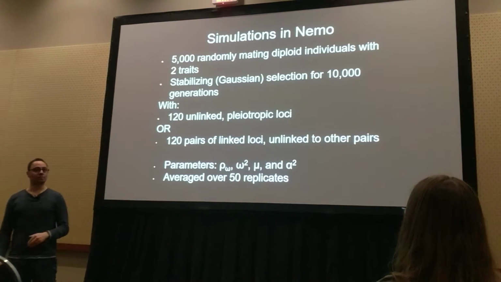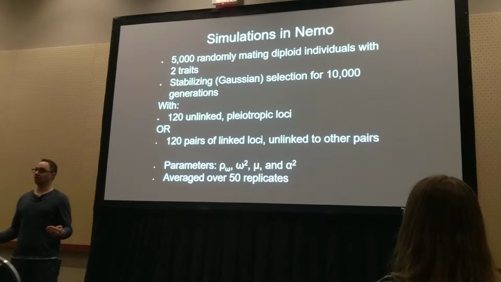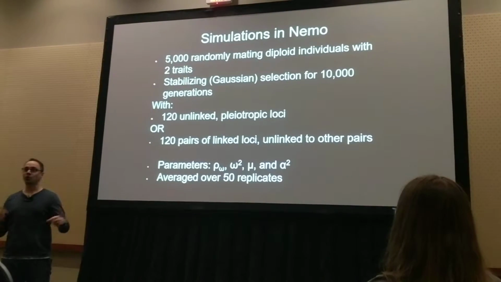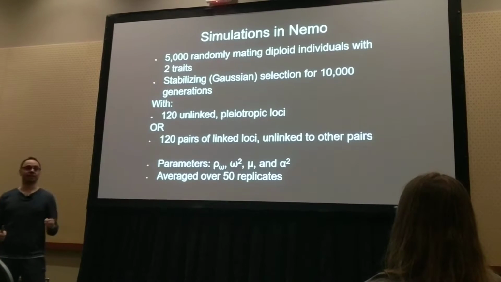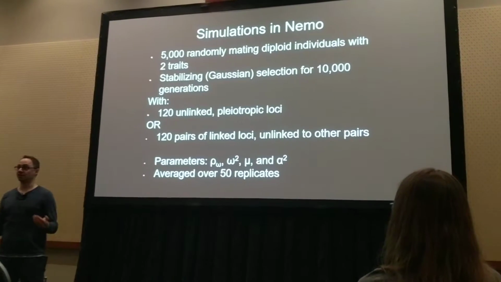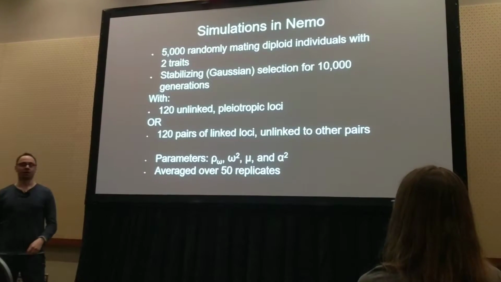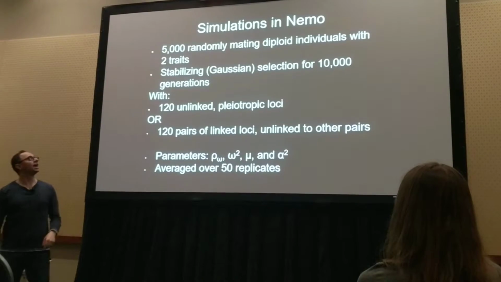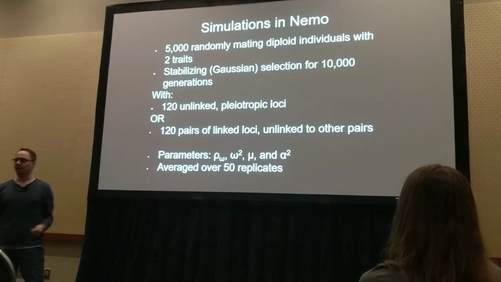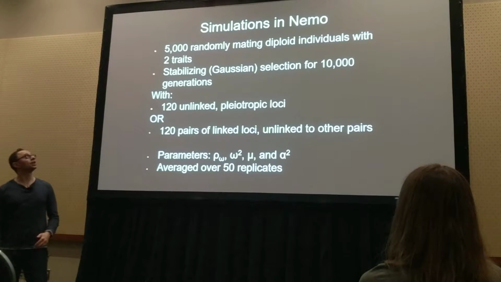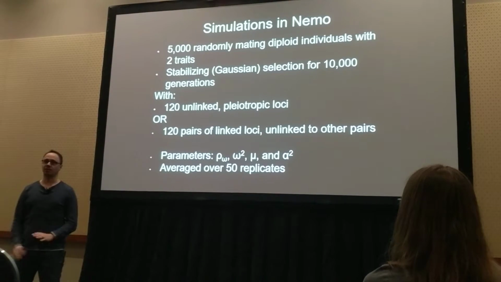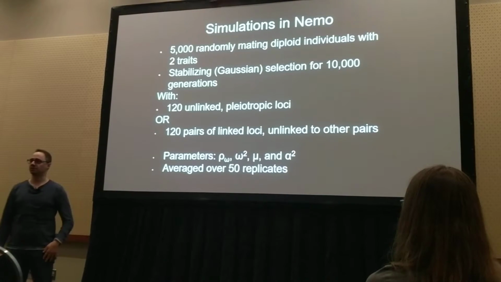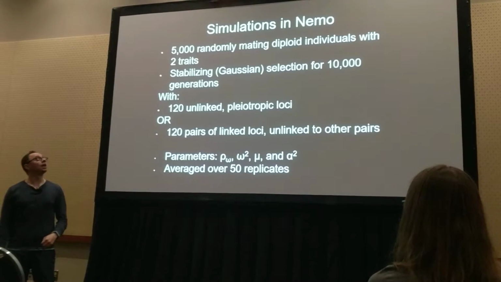I took this model and simulated it in the individual-based, forward-in-time genetic simulation software NEMO, which I modified specifically to allow for these kinds of genetic architectures to be modeled. I used 5,000 randomly mating diploid organisms, because I wanted to avoid drift, and 5,000 seemed to be enough to do that.